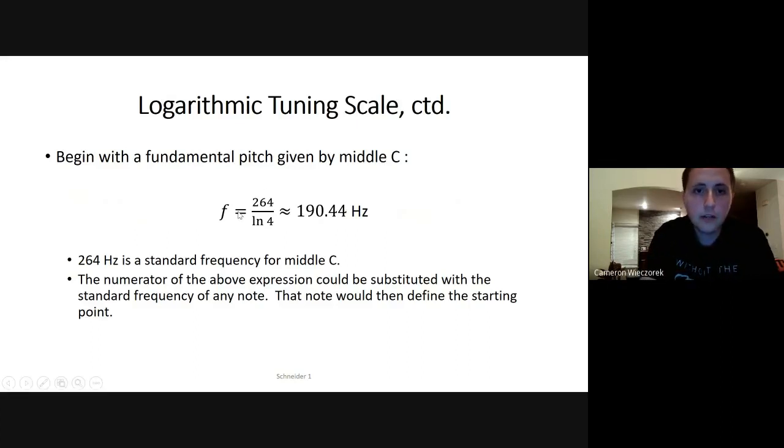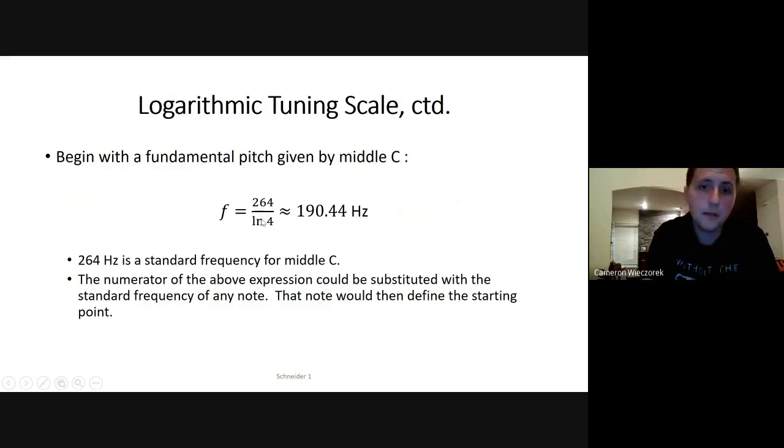And so you calculate this fundamental pitch, which we'll call F, by the standard frequency for middle C, 264. And again, if you wanted to substitute that frequency with whatever your fundamental note is, if you're doing A sub 4, you could do 440 like we talked about earlier. But let's use middle C, 264.